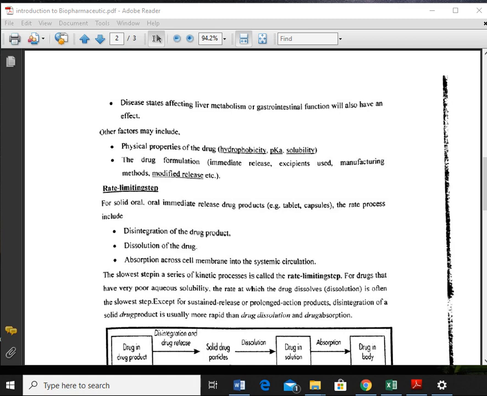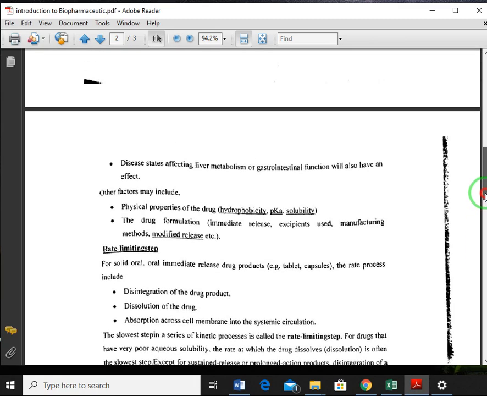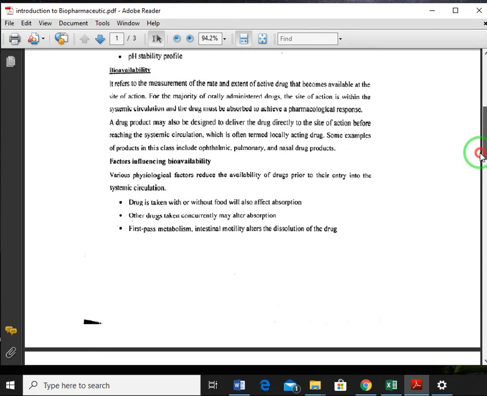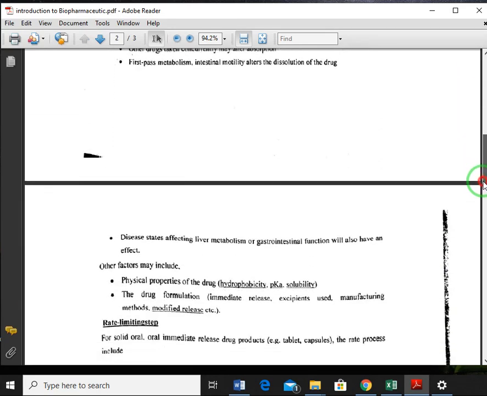Manufacturing method, meaning by which manufacturing method the drug has been formulated. These are all the different factors which influence the bioavailability of a drug.